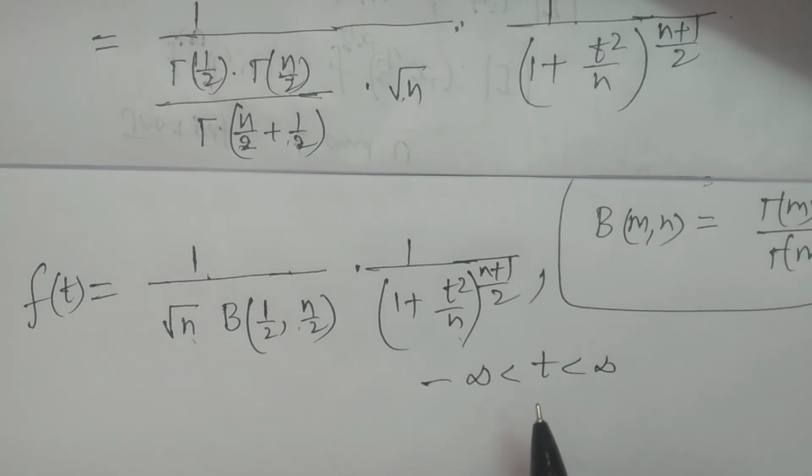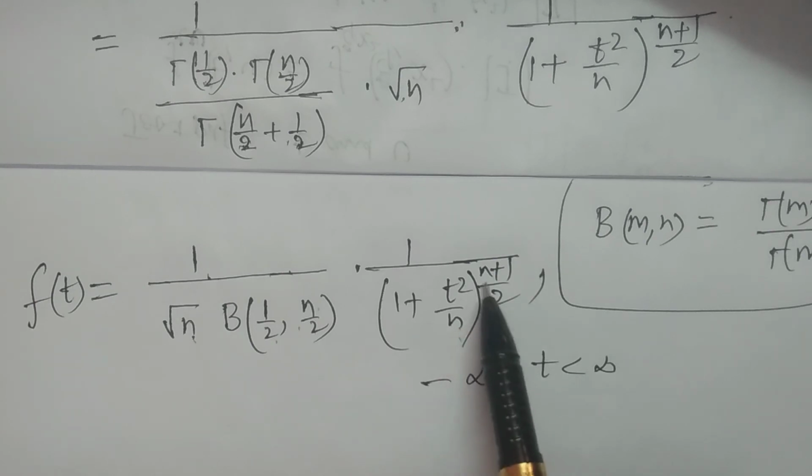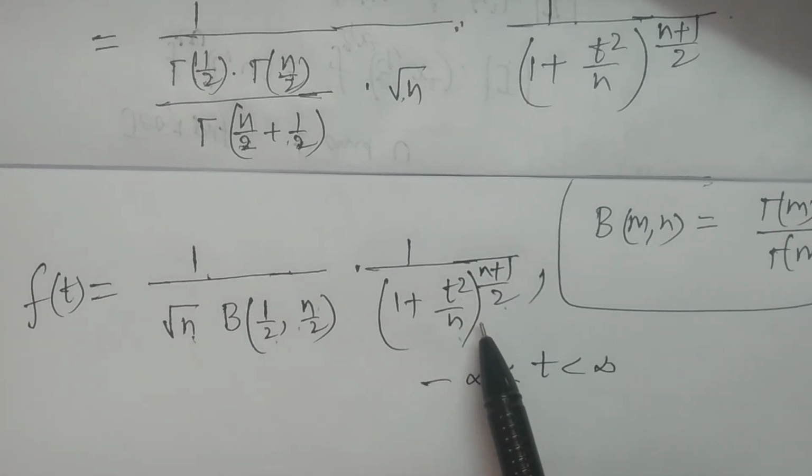You compare it with the Student t distribution. Student t distribution is 1 by root (n-1) beta (1/2, (n-1)/2), 1 by (1 + t²/(n-1)) whole power ((n-1)+1)/2. That is the parameter with n minus 1, which is only one case of Fisher's t.